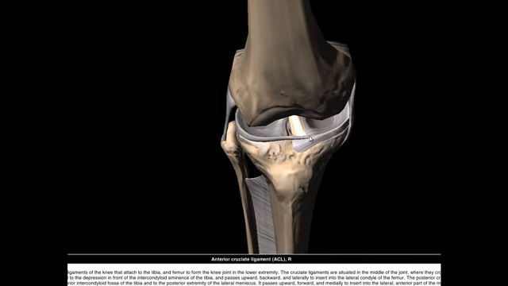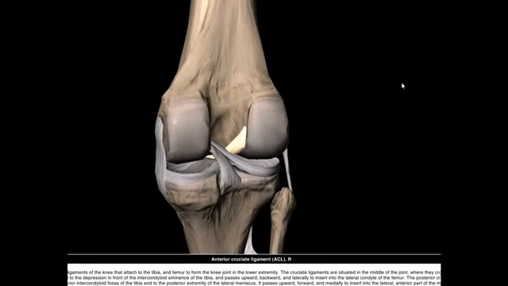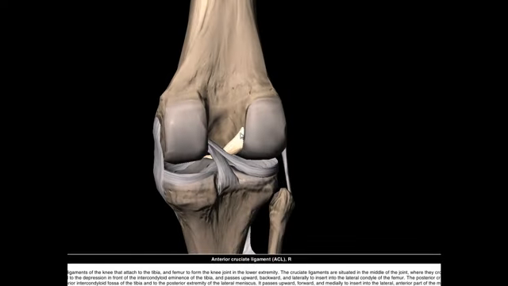Runs posterior and superior to attach on the inner aspect of the lateral aspect of the femoral condyle. So it runs diagonally up to attach to the inner aspect of the lateral femoral condyle. There are, in fact, two fiber bundles, and they're named based on their attachment to the tibia.